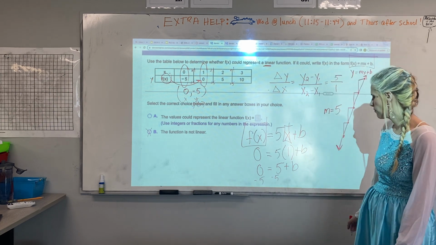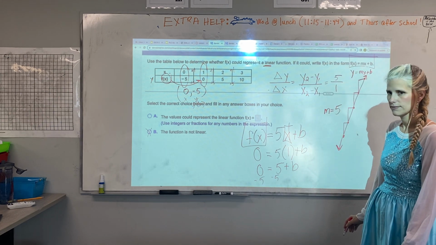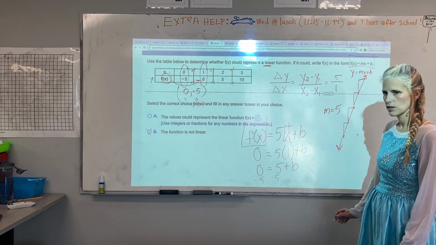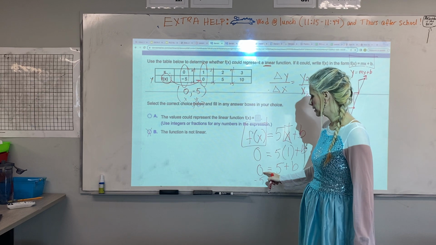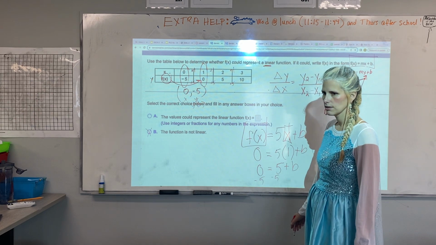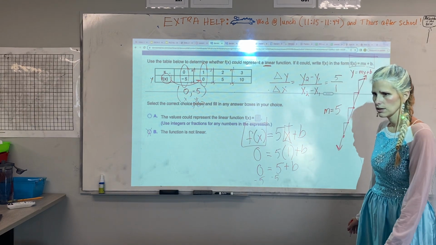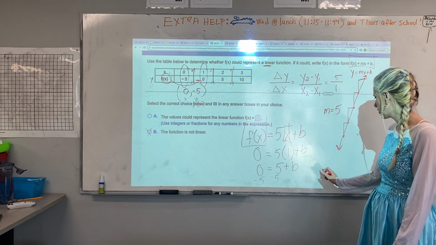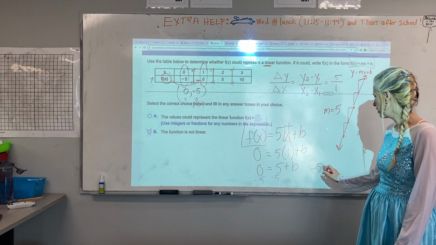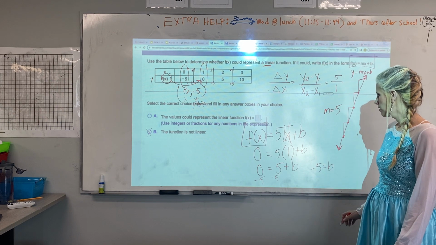What's 0 minus 5? If I have $0 and then somebody says, give me $5, what do I have? Negative $5 because I owe them $5. So negative 5 equals b.